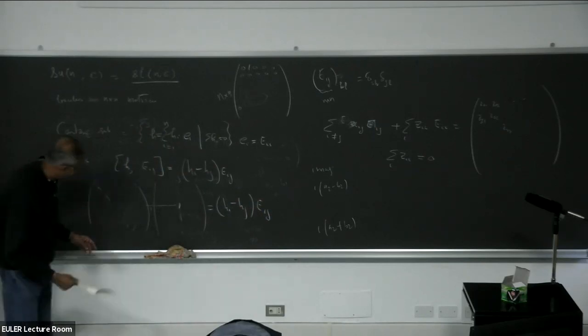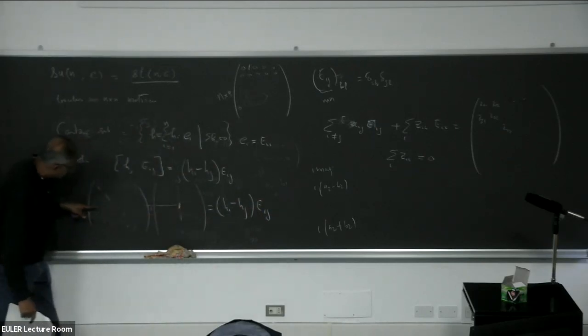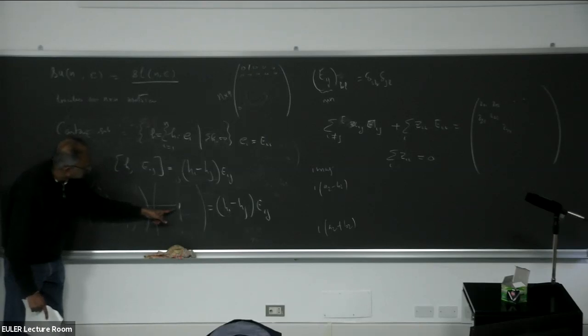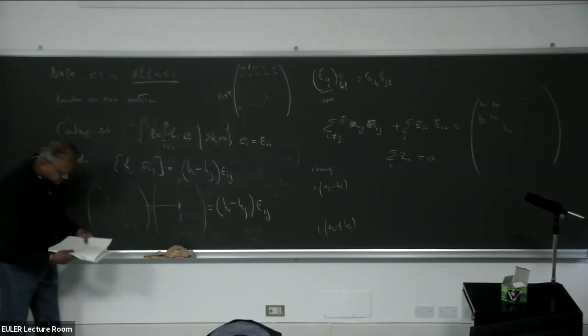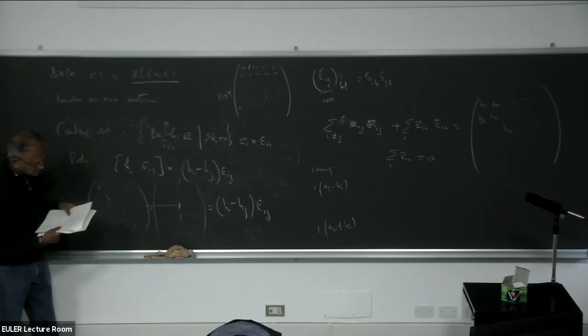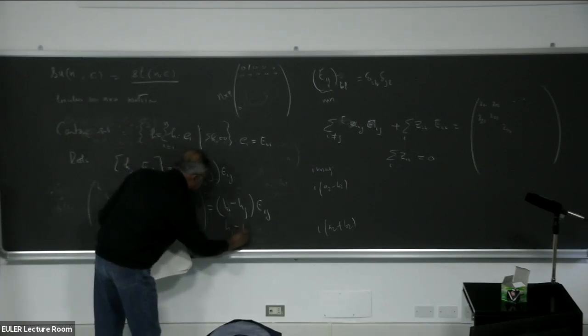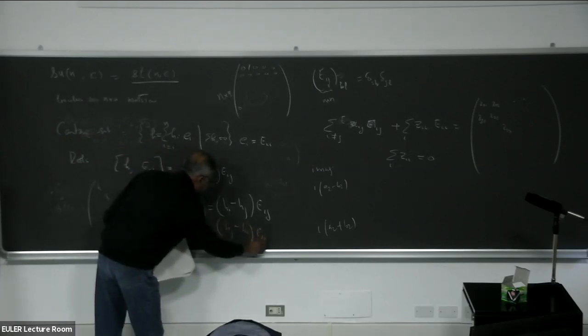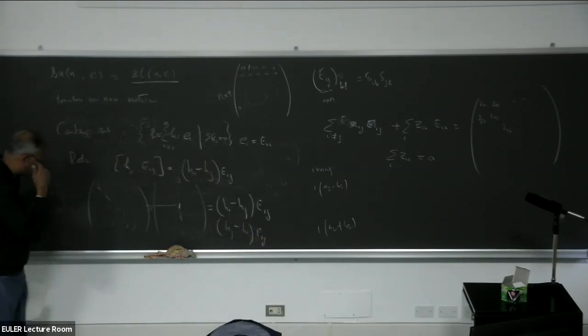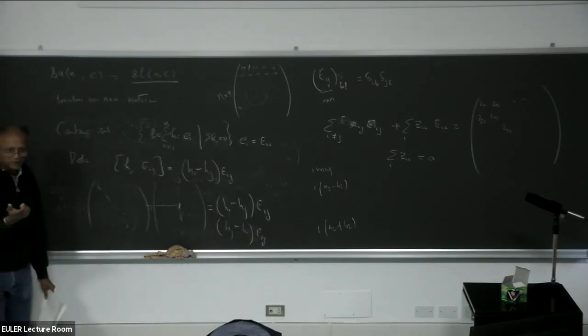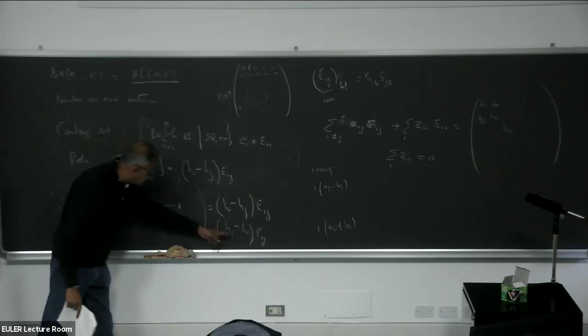Have I made a mistake here? If I take the ith row and jth column, it seems to me it's h_j minus h_i. Let's see again. What is your opinion? Is it h_i minus h_j or h_j minus h_i?